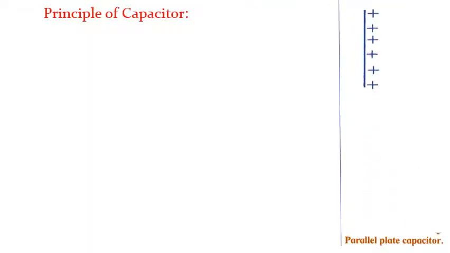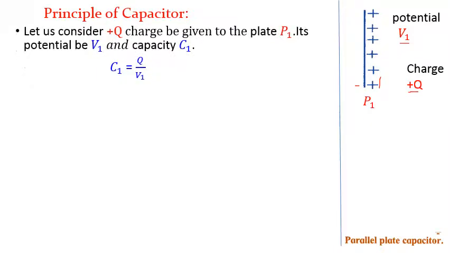Principle of a capacitor. See what this is. Let us consider this plate or conductor P1 on which positive charges are deposited. V1 is the potential and the total charge is Q. We can define it here. So plus Q is the charge which is given to the plate P1. Due to this, the potential is V1 and the capacity C1 is given by Q divided by V1 by the basic definition.